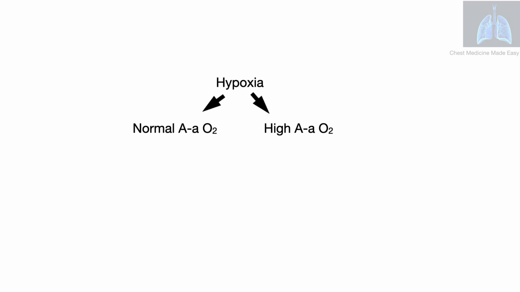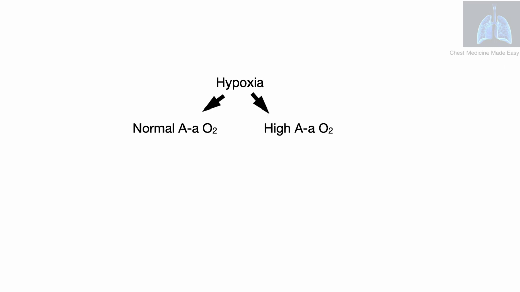So let's organize our thoughts. In a case of hypoxia, the AaO2 gradient may be normal or high. A normal AaO2 gradient would imply hypoventilation or high altitude, but clinically, usually it is a hypoventilation.